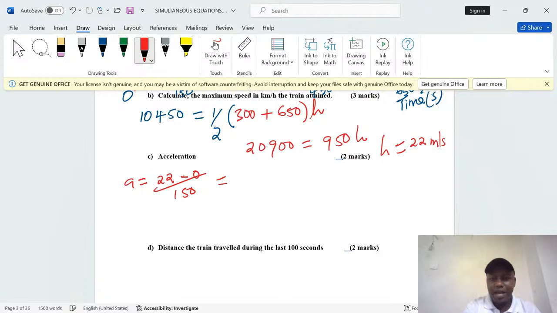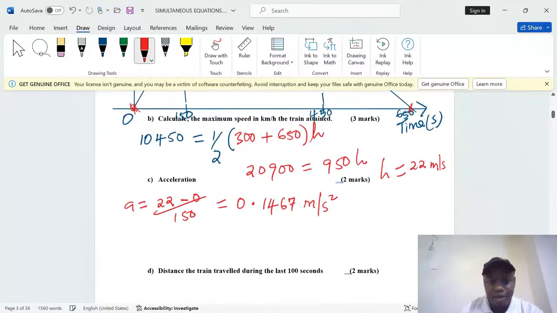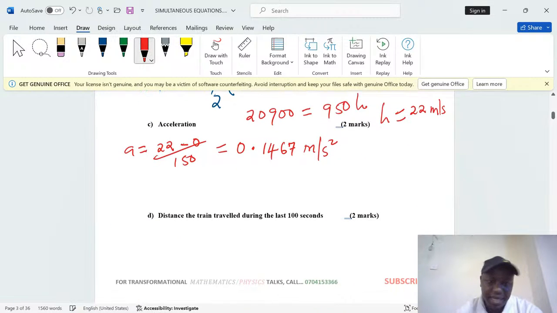We divide 22 by 150, and this gives me 0.1466, so we can have 0.14667 meters per second squared. So that will be the acceleration of the train in the first 150 seconds.